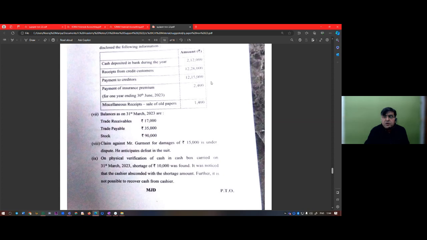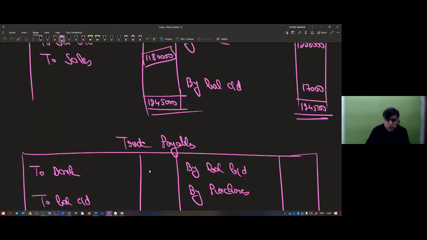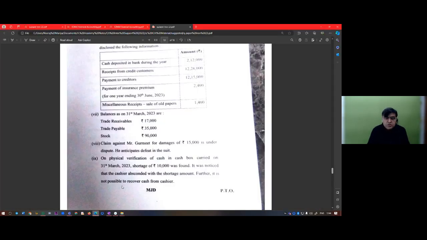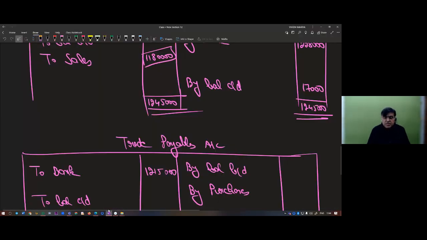A payment to creditors 1215. Payment to creditors is 1215. Trade payables account: brought down creditors and carried down creditors. Trade payables are 35,000 at the end.